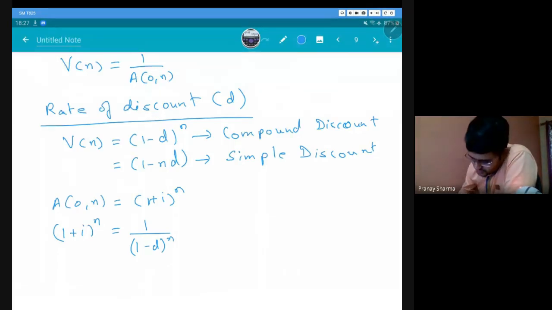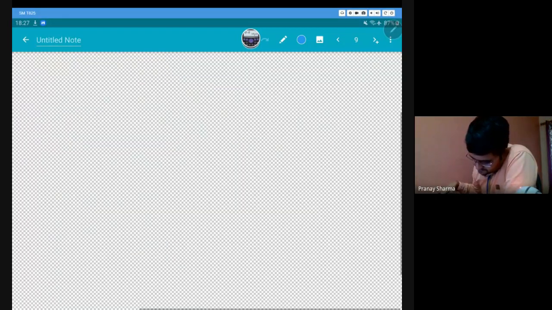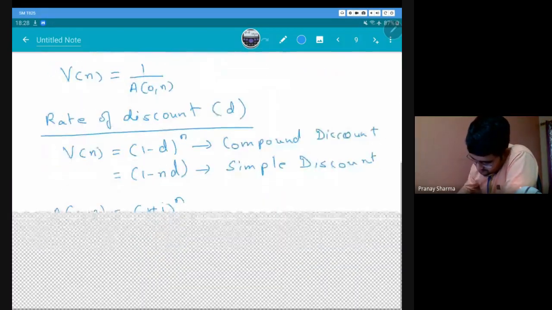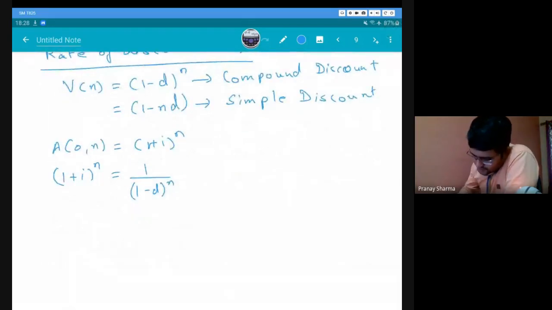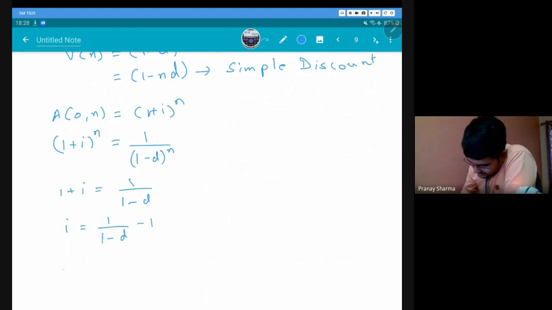Okay, so first of all we'll find this. n will cancel out and we'll have 1 + i = 1/(1 - d). I can write this as i = 1/(1 - d) - 1, which gives d/(1 - d).